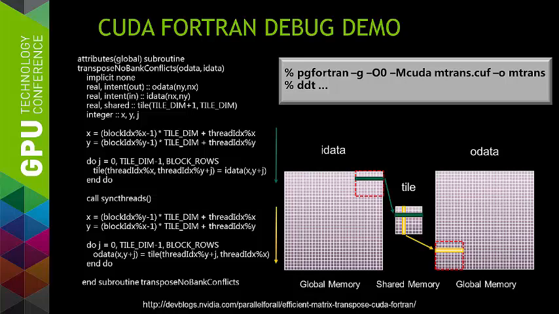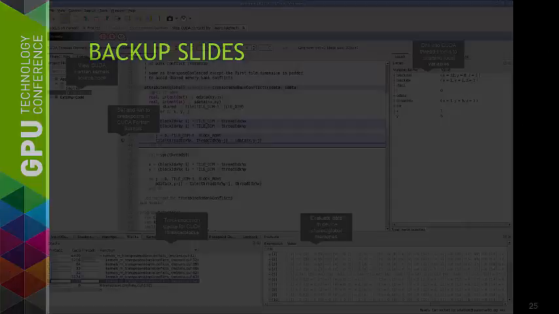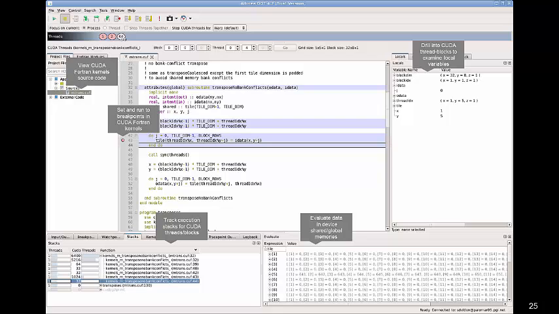Compile with -G, -O0, and same thing with OpenACC: compile with -acc, -O0, -G. And here's where he shows some of the uses of Allinea DDT. You can set a breakpoint. Now this is CUDA Fortran.